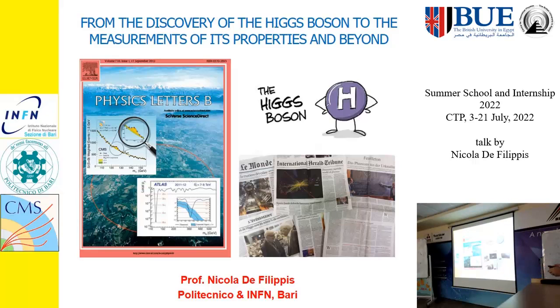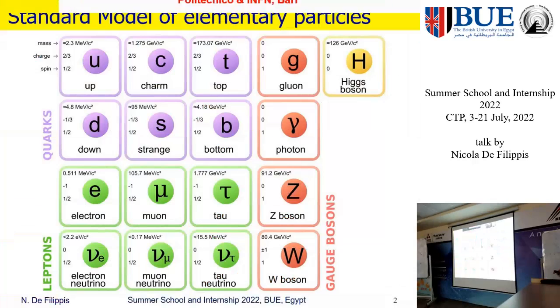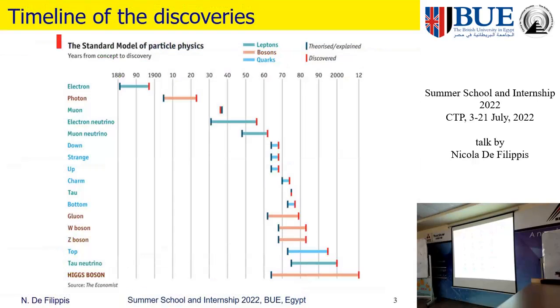Okay, so let's go through the Higgs sector of the Standard Model. Well, you have heard a lot about that from the theoretical point of view. I just want to mention that here is a kind of timeline of the discoveries in particle physics, starting from the electron.